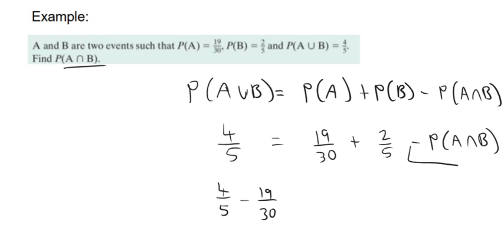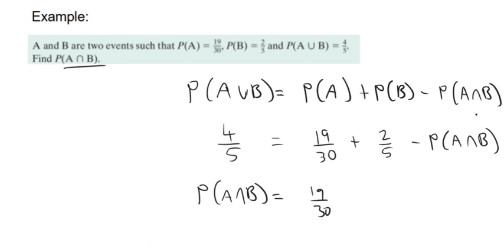Because that's a minus there, it's easier to move that over to the left hand side first. So it's just using rules of algebra. Probability of A intersecting B is 19/30 plus 2/5 minus 4/5, and we get 7/30 there.